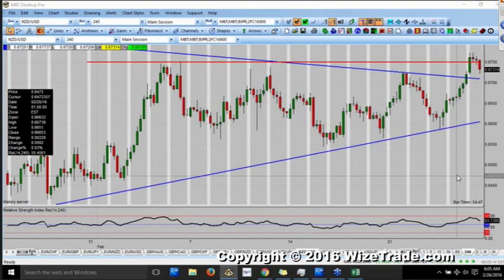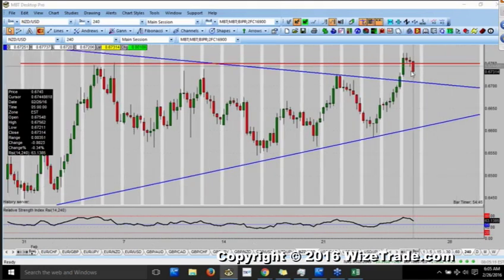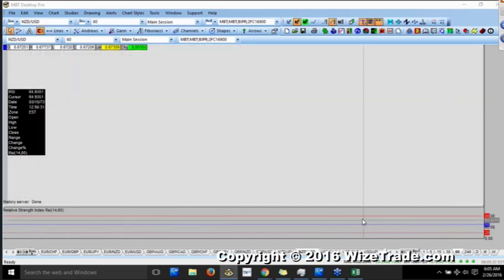There we go. Okay, and then support. I actually think support's going to be right here, pretty much this low, this 4-hour candle, but we can go below that.